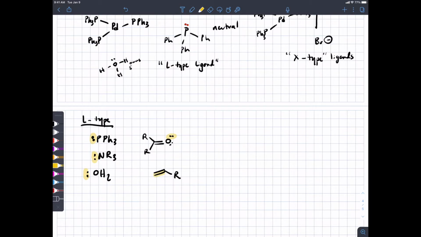All right. In contrast, X-type ligands are going to be basically exactly what you think. For example, halides. I'm going to show the ligand on its own and then bonded to the metal. Hydroxide counts as well. Let's see, an NR2 minus group. So this is not an amine, this is a deprotonated amine.